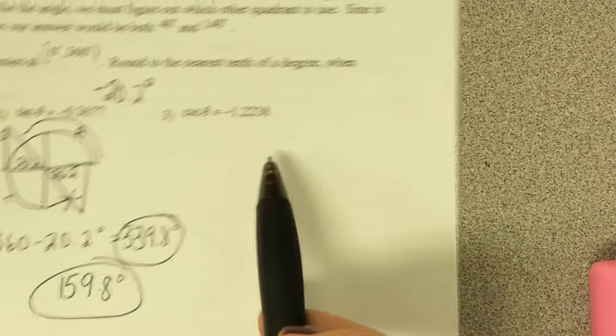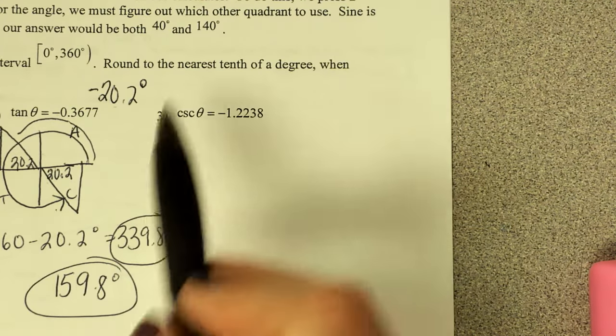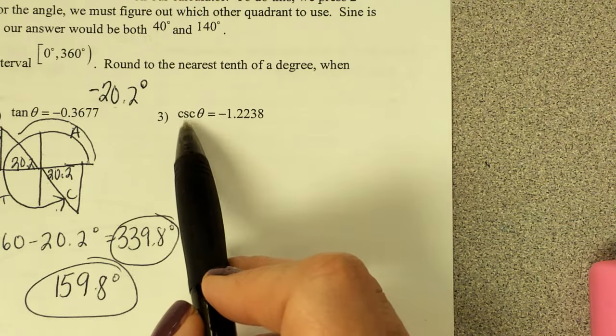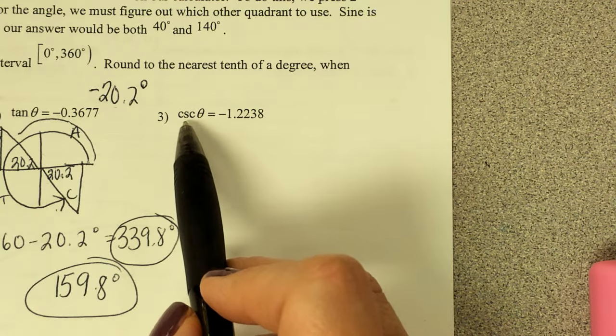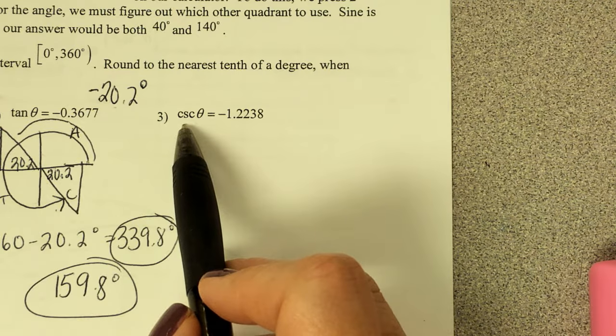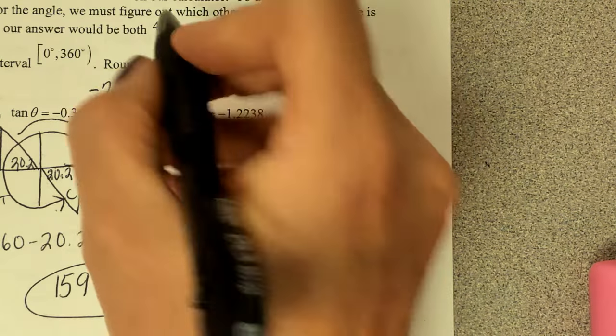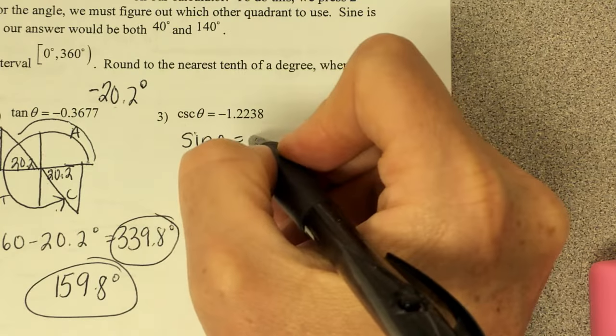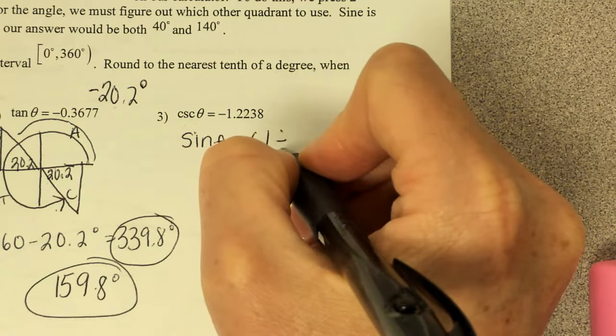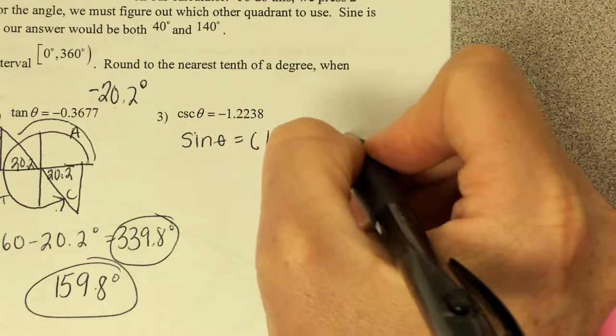Okay. Looking at number 3 now. I have to change any co-functions like cotangent, secant, cosecant. We have to change them into their reciprocal functions. So if I want to change this into sine, I have to flip this over. So to flip it over, it's 1 divided by negative 1.2238.